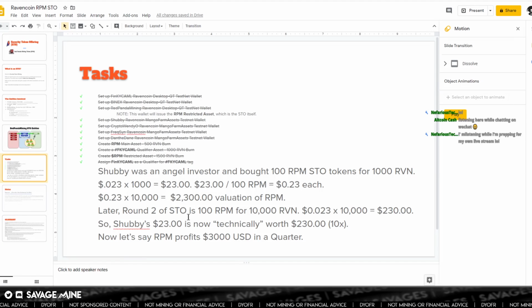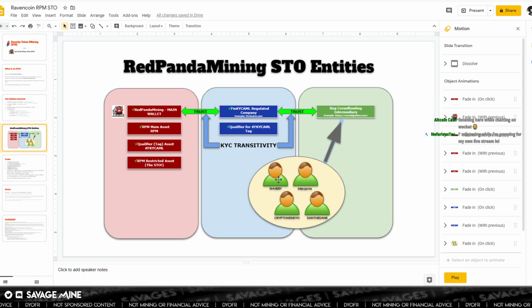Basically, these folks here, I think the way we should do it is Shuby was the angel investor, then these three are going to be like round 2, right? So these are going to be paying 10,000 Raven for 100 RPM, right? So 10,000 Raven for 100 RPM.